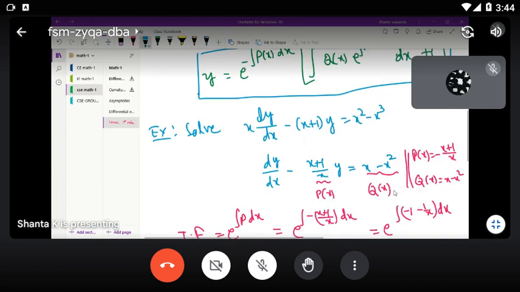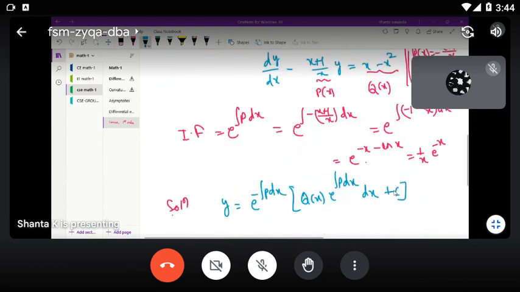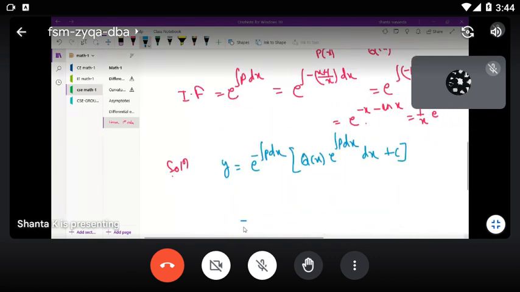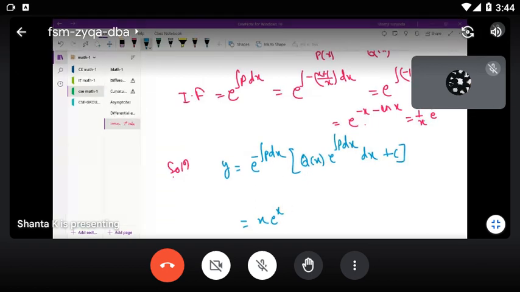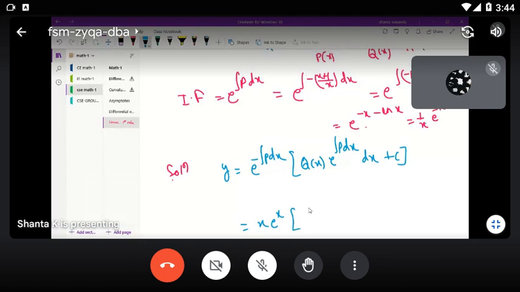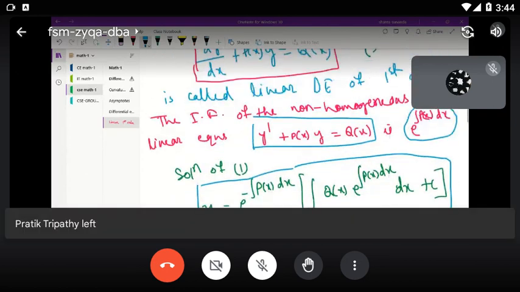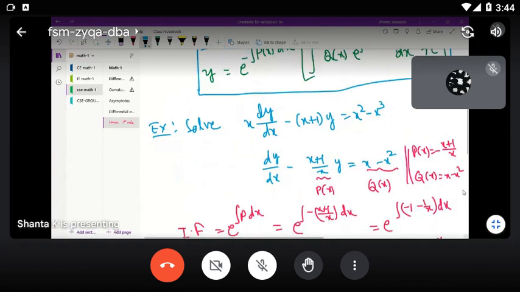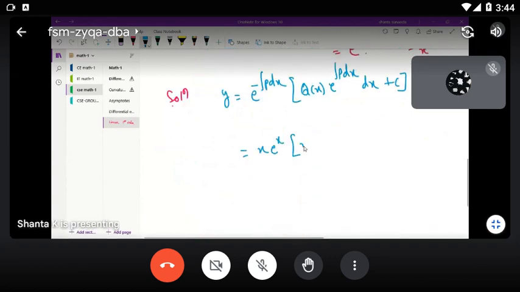Look at here. Now if you substitute here, this is minus, so if you multiply minus here, it will be x e power x form. So the first term is x e power x. Now the second term is q of x. What is q of x here? x minus x squared, so you put it here.